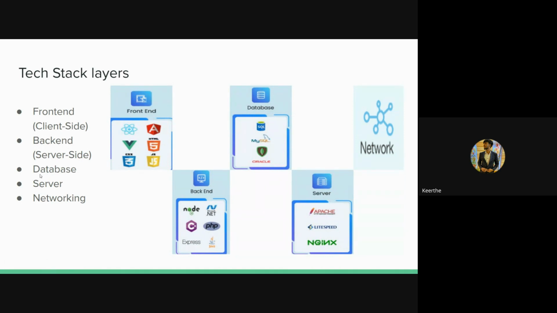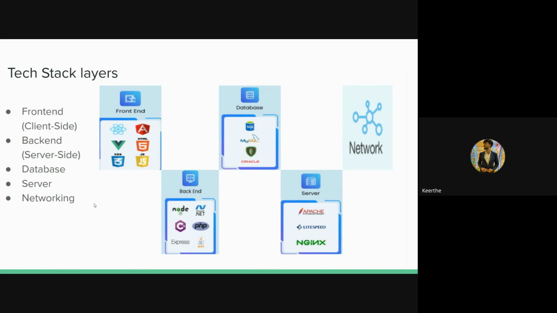You can assume the database is a cupboard where your information is stored. The server holds all the information and gives it to you when you need it. And networking is needed for connecting computers together.